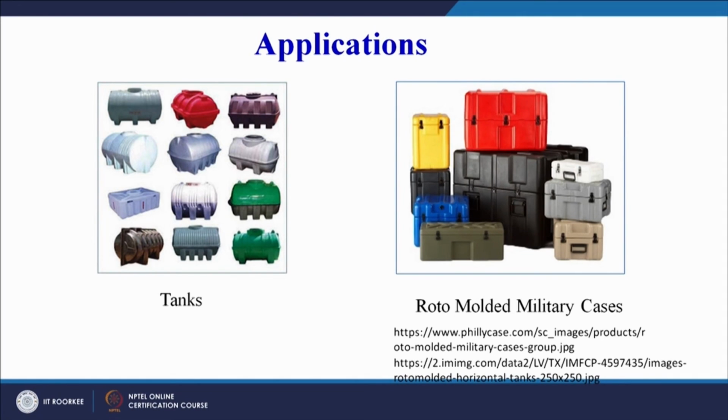So one thing that we can understand is that rotational molding is a process for making large size, axisymmetric plastic parts which have axes of symmetry and are hollow in nature. You can see the roto-molded military cases; the source of information is also highlighted on the screen.